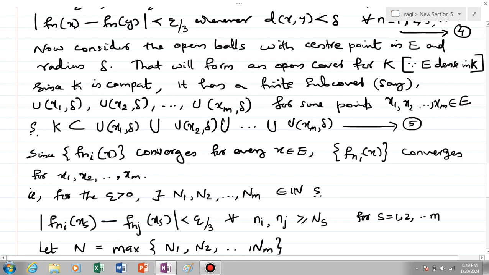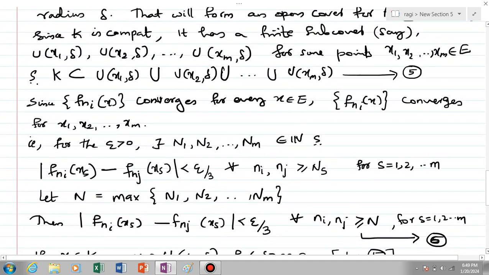And we know that the sequence Fni of x converges for every point in E, and so for these points x1, x2, etc., xm also. So by definition, for the same epsilon positive we mentioned above, there exist natural numbers n1, n2, etc., nm such that modulus of Fni of xs minus Fnj of xs is less than epsilon by 3 for every ni, nj greater than or equal to ns, for s equal to 1, 2, etc., m.